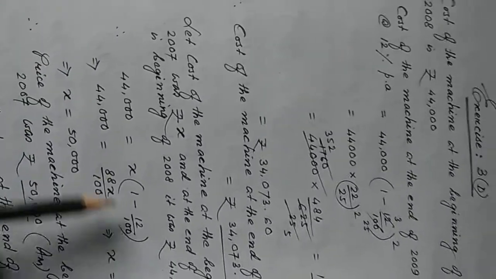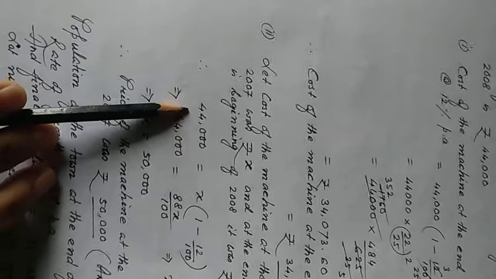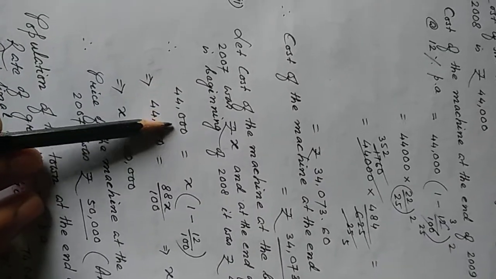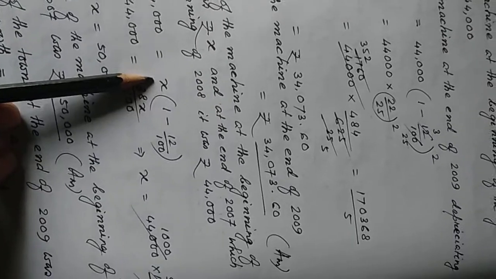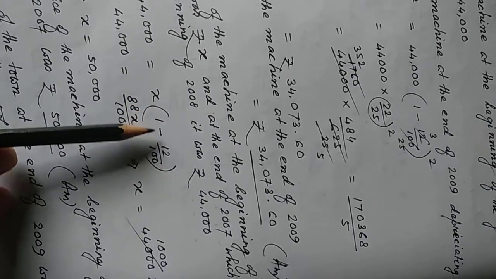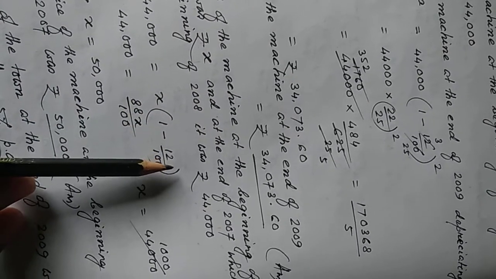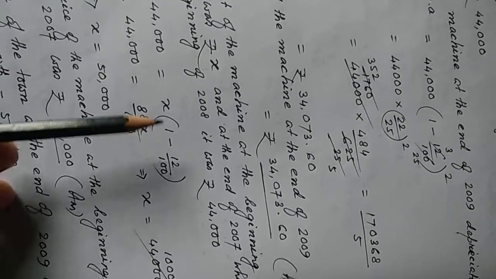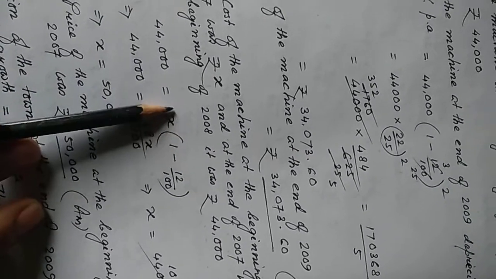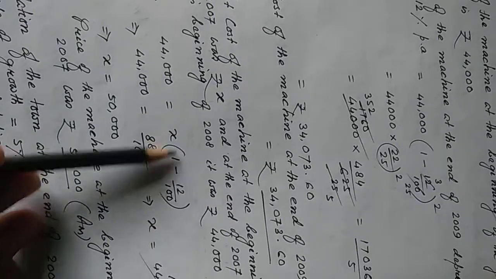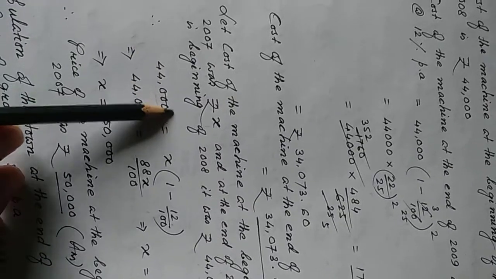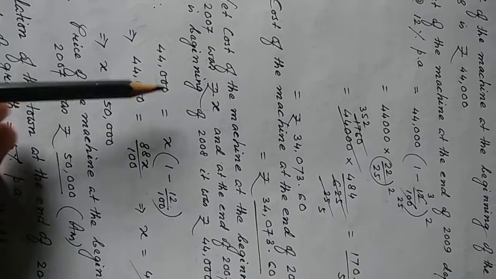So I use the formula for amount here also. I consider the 44,000 here as amount. So 44,000 equal to x whole into 1 minus 12 by 100. X is the principal which I let at the beginning of 2007, and this reducing, this will be the amount, so I write it in the place of amount.